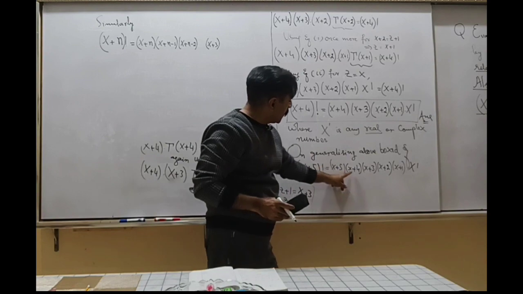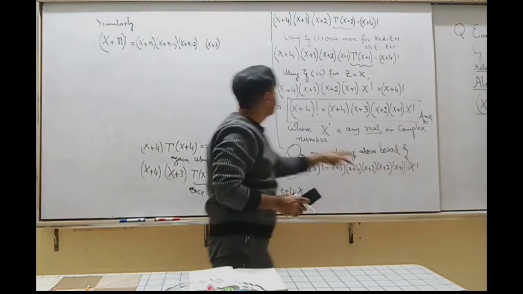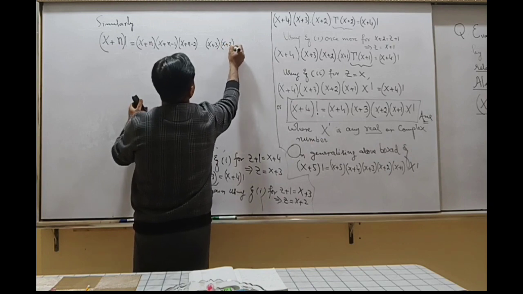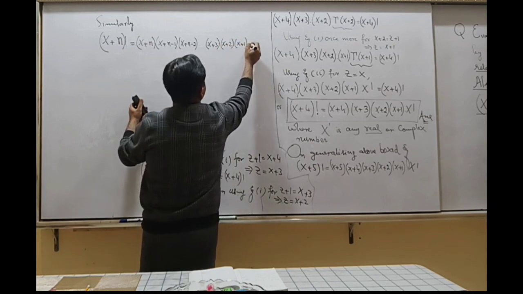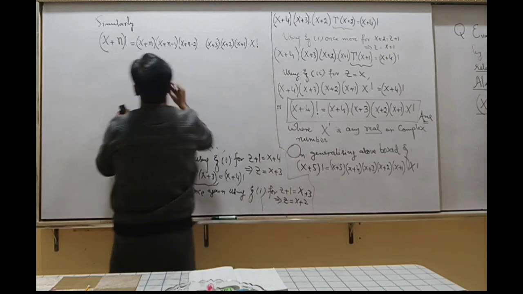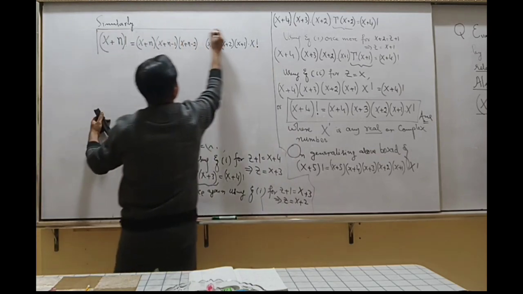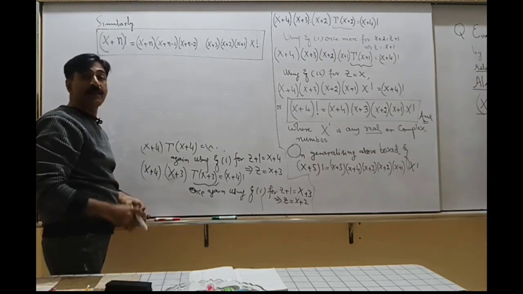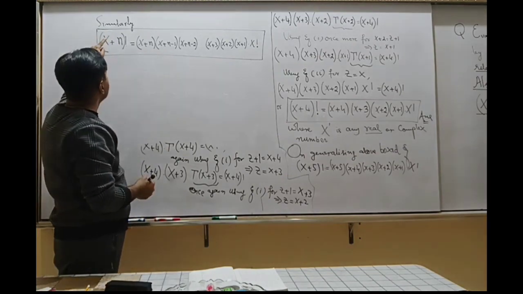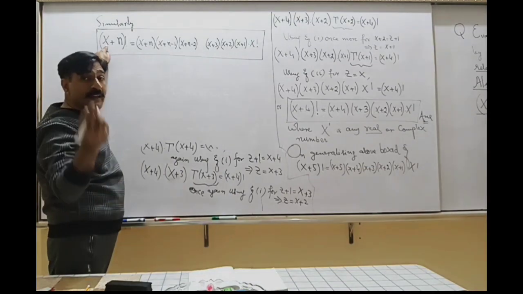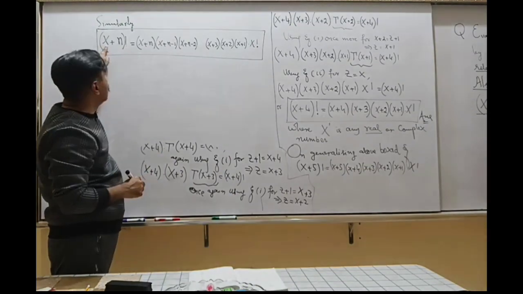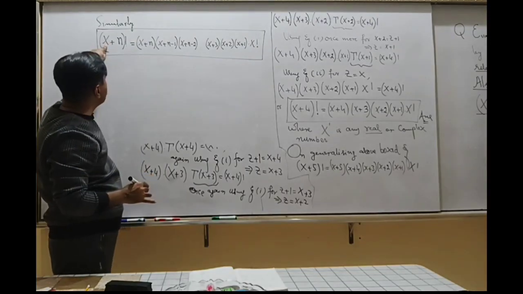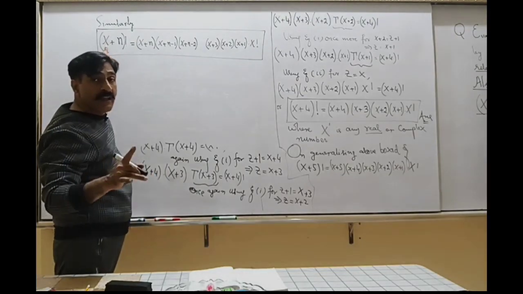From 5 it reduces up to 1. So x plus 3, x plus 2, x plus 1. And in the end you have x factorial. So this is the general result for x plus n factorial, and whatever x was given in the statement, x is not arbitrary, it can be any real number or it can be any complex number.